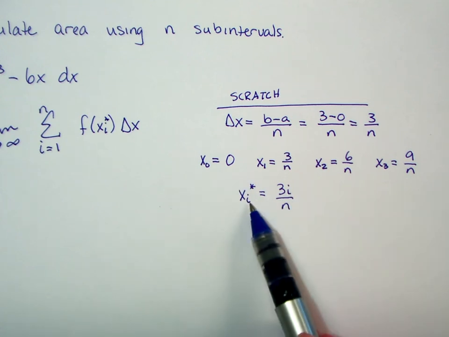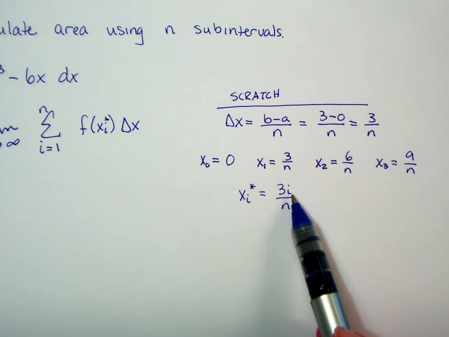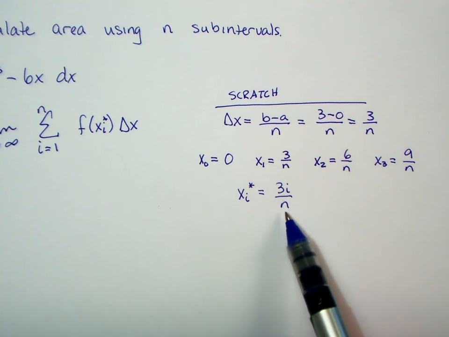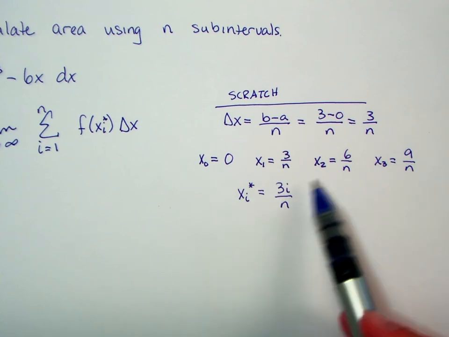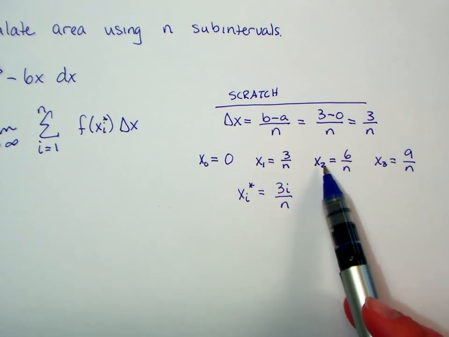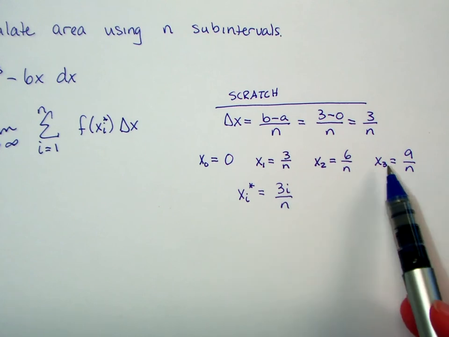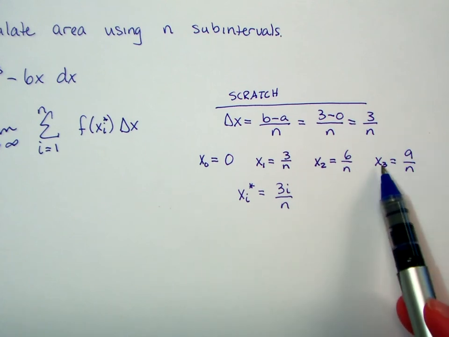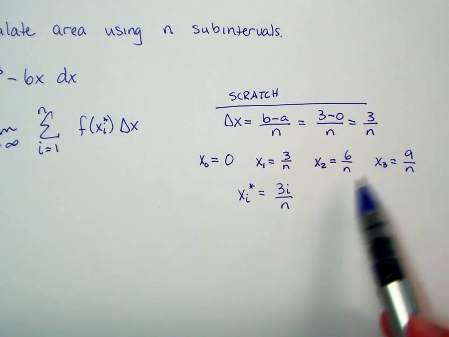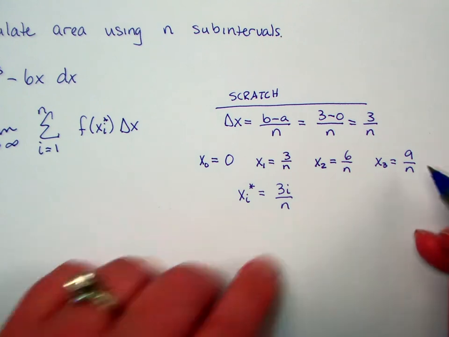If I had x sub 1 star, I would plug 1 in for the i and I would get 3 over n. If I were to use x sub 2, I would plug 2 in for i and I would get 6 over n. For x sub 3, I would plug 3 in for i and get 9 over n.